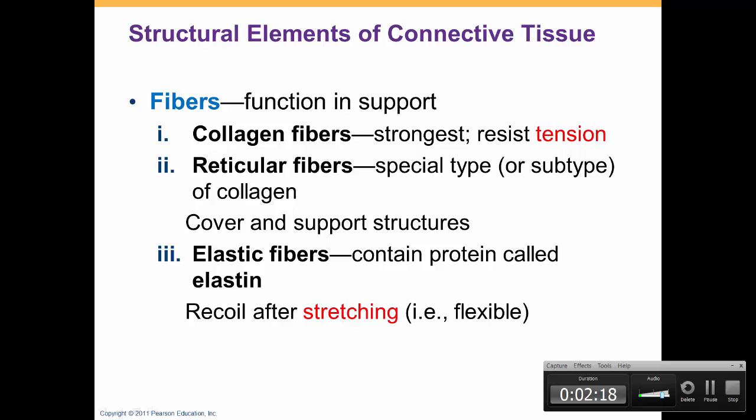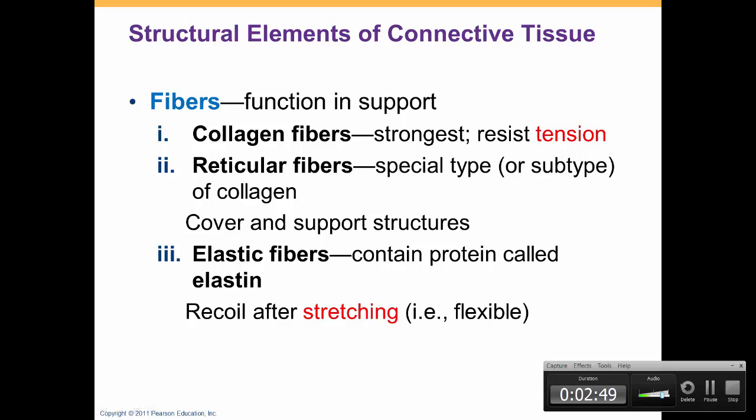Next are the fibers. We have three main types of fibers: collagen fibers, reticular fibers, and elastic fibers. The collagen fibers are the strongest type of fibers, and they resist tension. We have reticular fibers, which are actually a subtype of collagen fibers. They didn't know that before, so they gave it a different name, but it's actually just a different subtype of the collagen fibers.